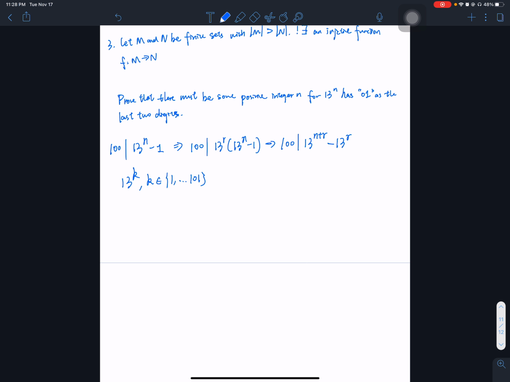We want to place these 101 numbers into 100 boxes, labeled by R, where R is the remainder of 13 to the k's power divided by 100. We have 100 boxes because there are 100 possible remainders, which are 0, 1, up to 99.